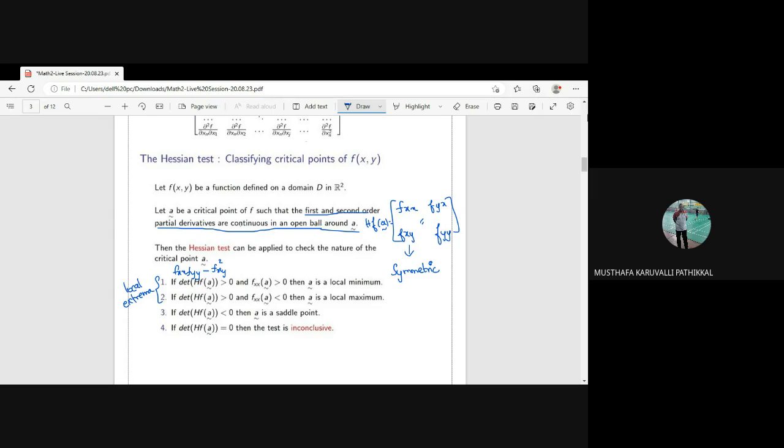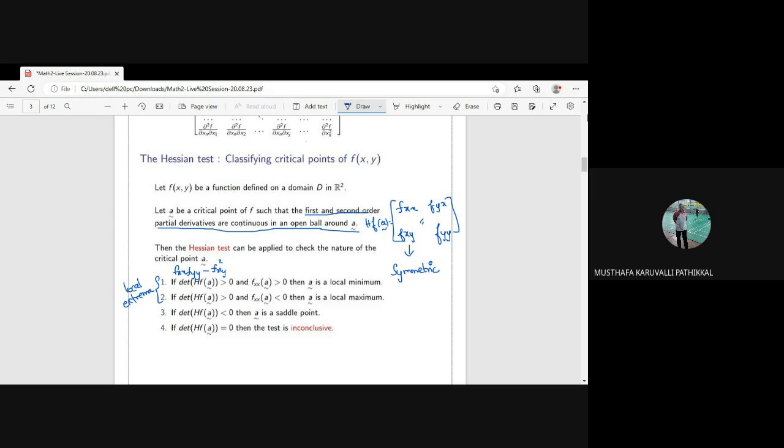But if the power is more than that, the test is inconclusive, whereas since these powers are even numbers, it is a local minimum and a global minimum. There is an activity question number 2, where one function is given, and all questions are related to its determinant. The determinant is 0, and below that it says local minimum.